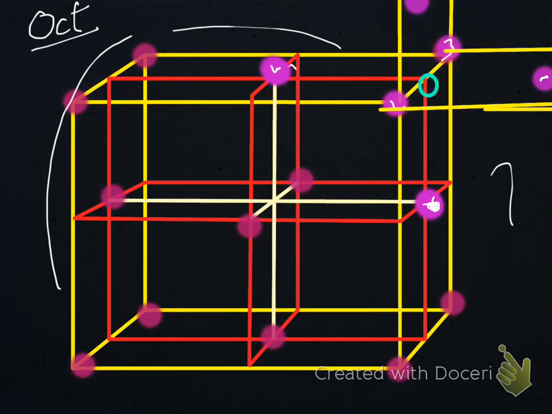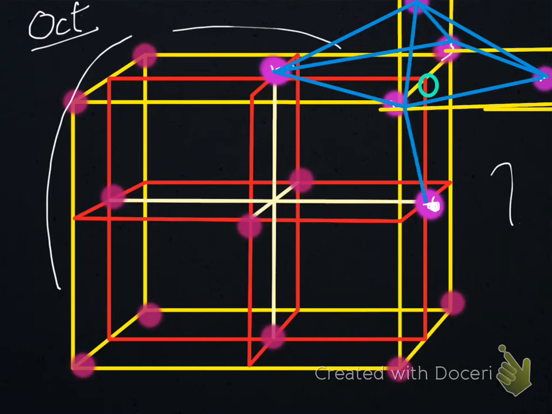Then you can draw the cube. How to draw it? Not a cube, an octahedron. This is our square, one particle at the top connecting to this corner, 1, 2, 3 and 4.